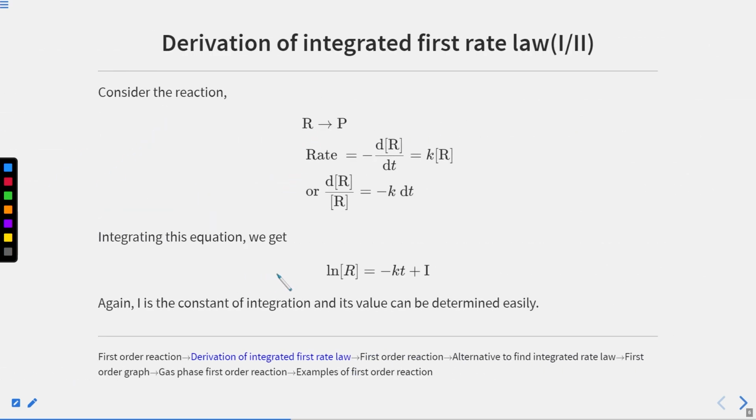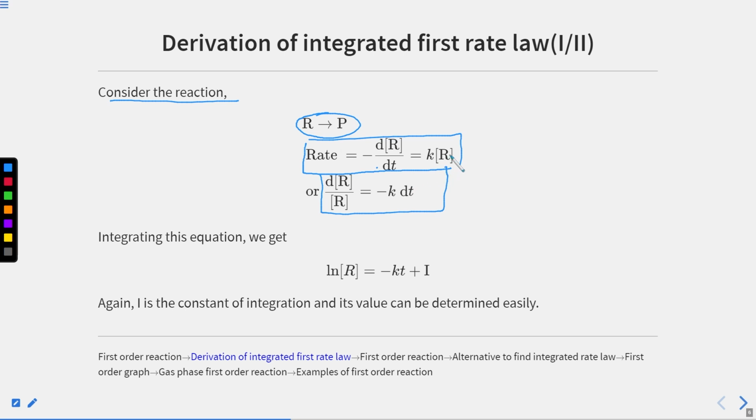Okay, now we'll try to derive this rate law for the first order reaction. We'll again consider the reaction in which reactant was going to product. Again, rate is equal to minus d[R]/dt = k[R]. Rearranging this, we get this. See how we have rearranged it carefully.